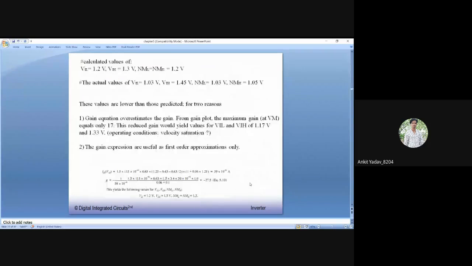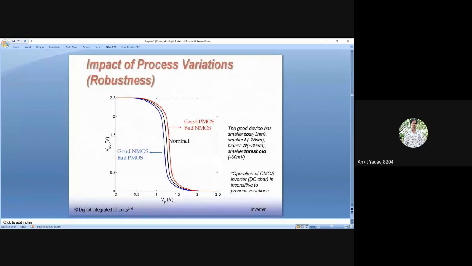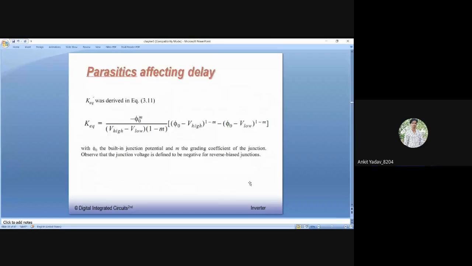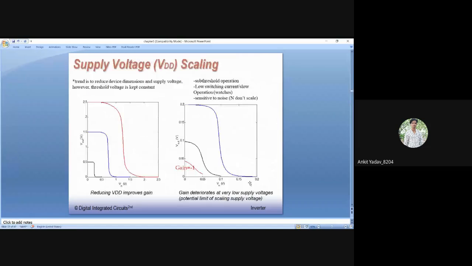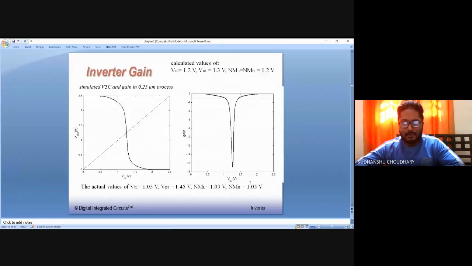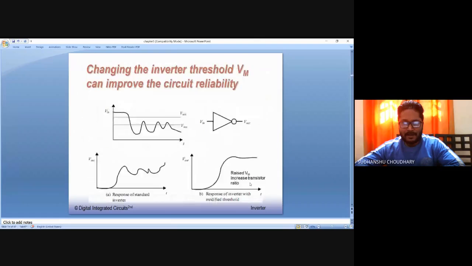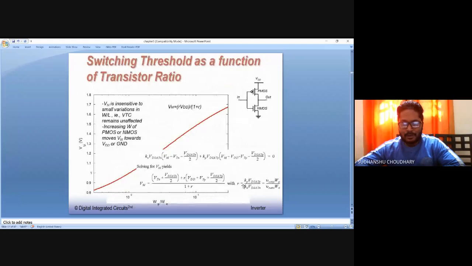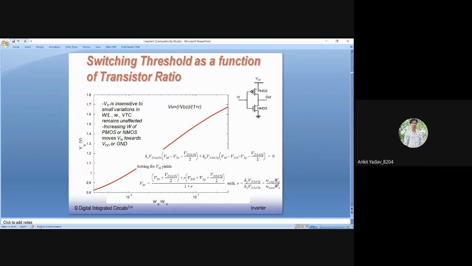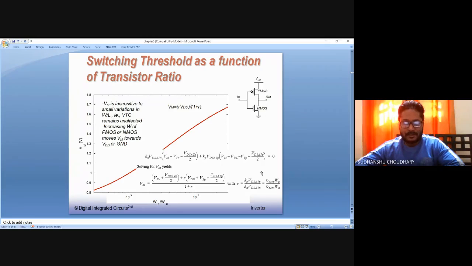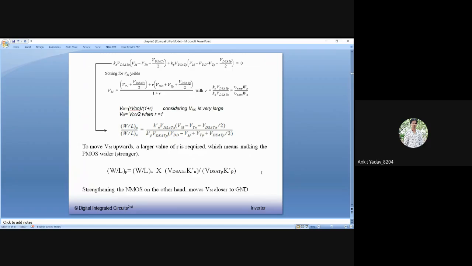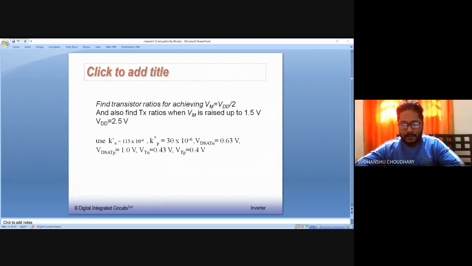In that the length is constant, so if we remove the length, then beta and small r will be the same. Beta and small r both will be WP by WN, but this small r has a contribution from KP and KN also, and VD sat P by N also. So this is not exactly equal to WP by WN. Again, it's an approximation. Okay sir. Thank you sir.